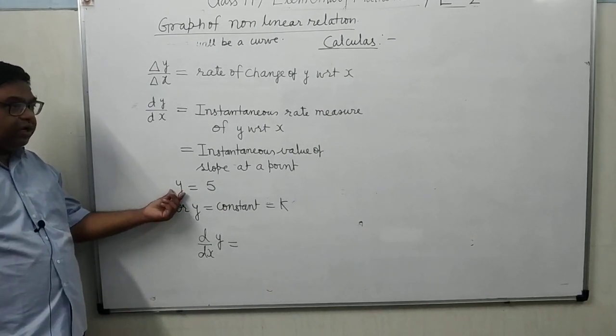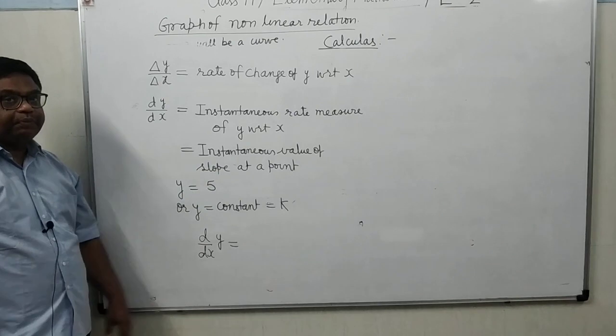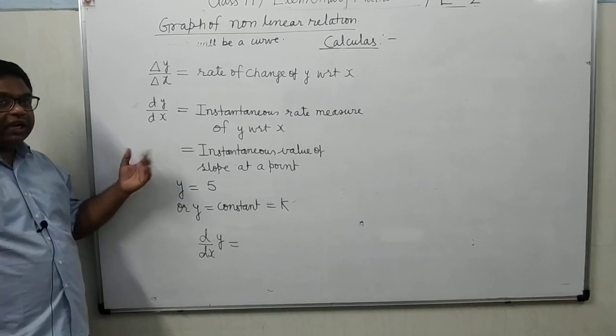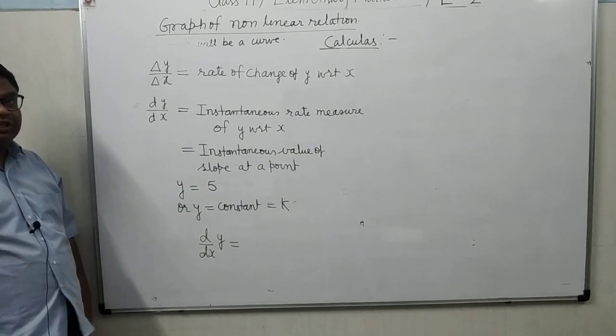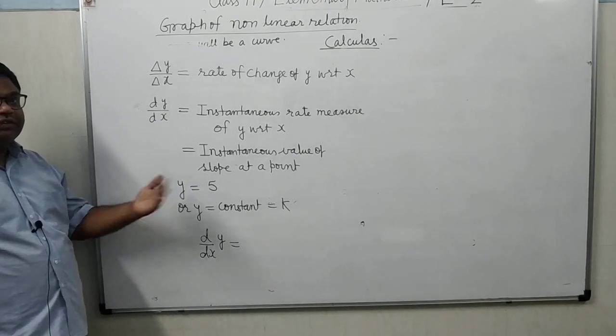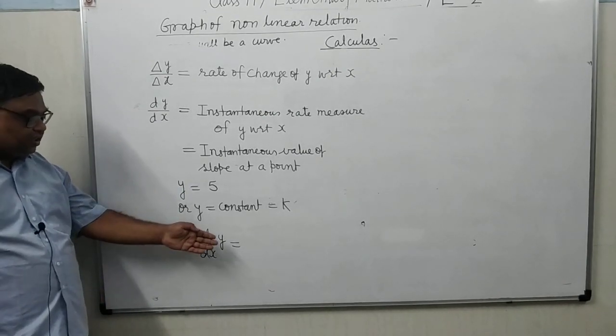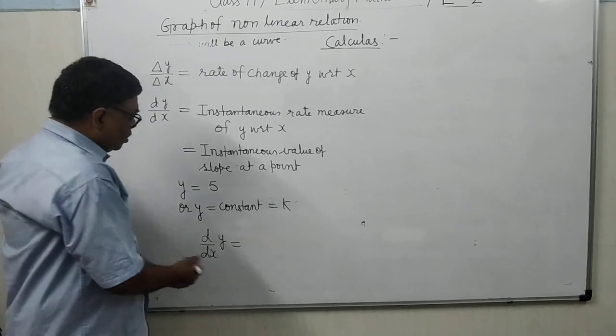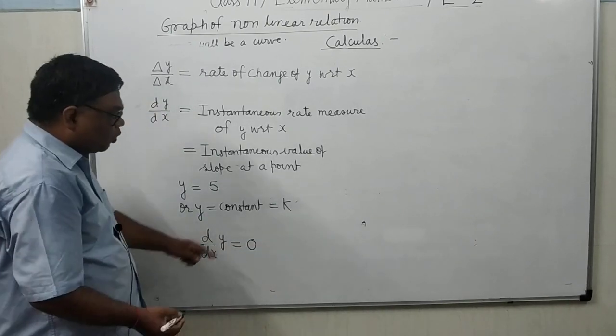Here there is no change in the value of y with respect to x. So what is delta y upon delta x? That will be 0, because there is no change in y with respect to x. So here this value will be 0. Here y is a constant.